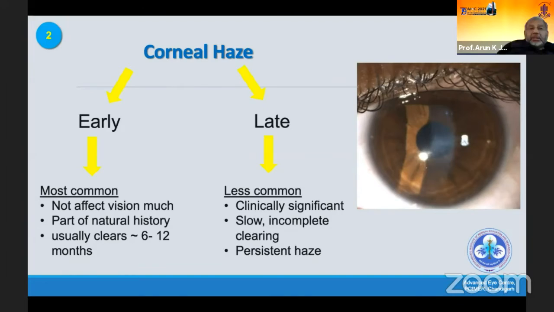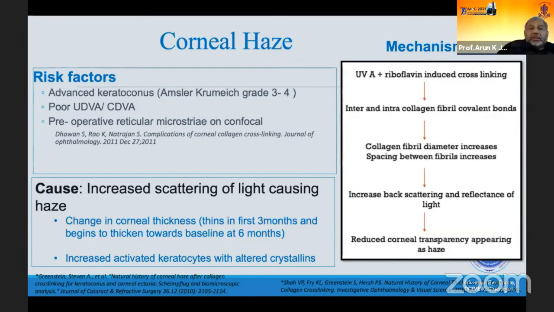The risk factors for corneal haze are if the patient has advanced keratoconus of grade 3 to 4, as said earlier, poor initial uncorrected or corrected distance visual acuity, and if there are preoperative reticular microstriae on confocal microscopy. These are the patients who are more prone to develop corneal haze.